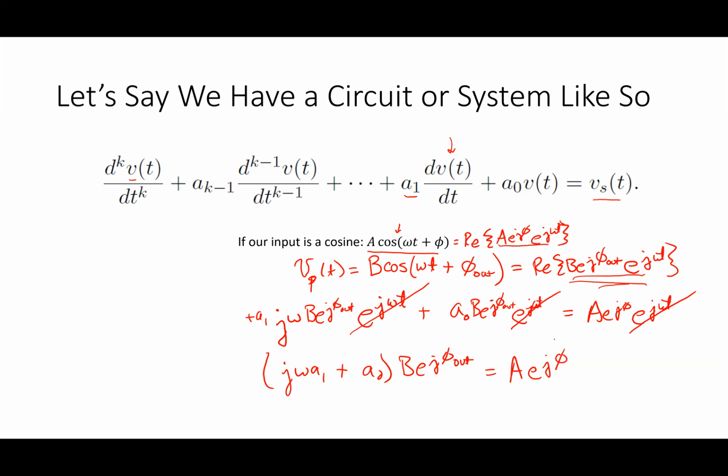So what I sometimes do is use this relationship to figure out what B and phi out are. This is two equations. It looks like one equation, but there are really two equations here. Why are there really two equations?